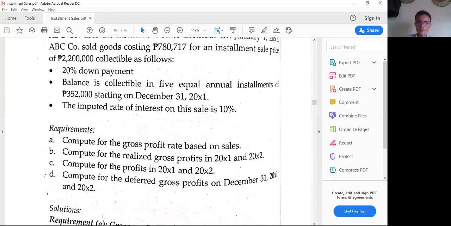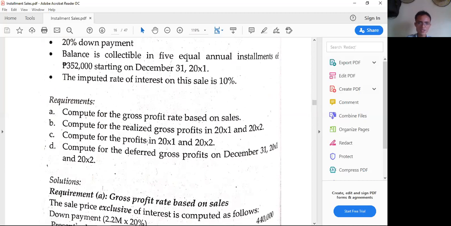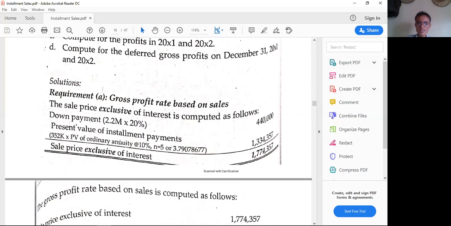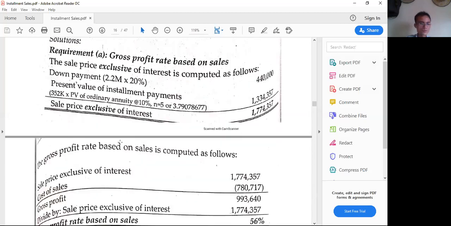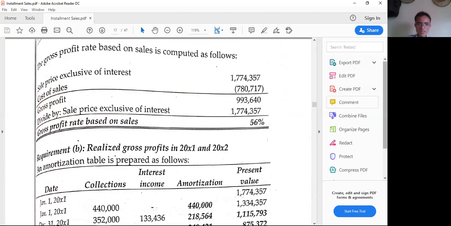I would say not profits, because we have to be careful. When we use the word profit, that's going to be net income, right? And that's whatever is the total income minus total expenses equals profits. I think this should be changed. This should be compute for the total income in 20X1 and 20X2, or revenue. That could also be used.